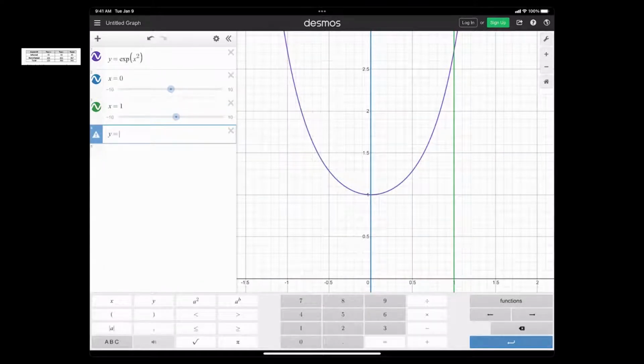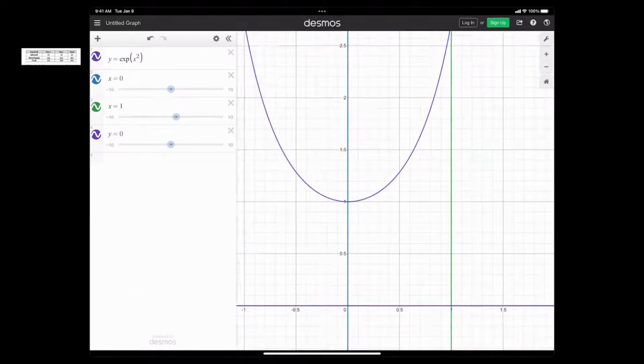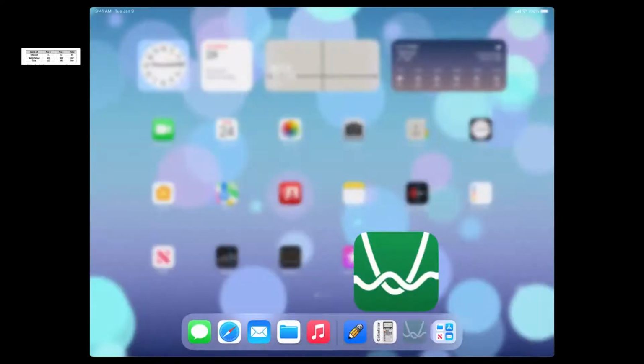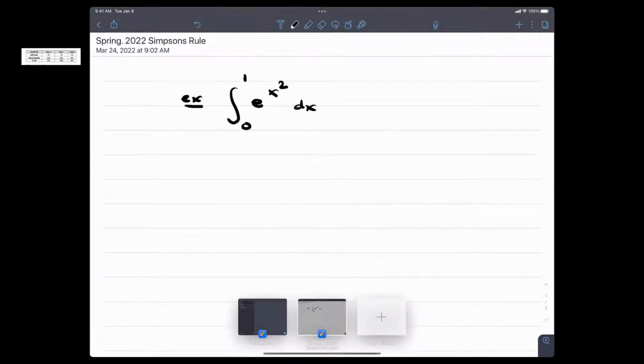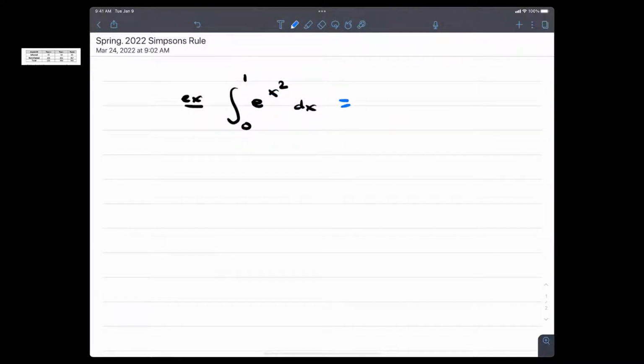If you're really going to be technical about this, this is kind of what we're trying to find: the area under the curve from 0 to 1, if you guys remember that, e to the x squared. So there is area under the curve, right? You guys see what I'm saying? You have some area. So the question is, what is that area equal to?